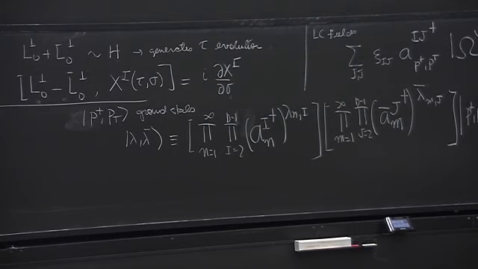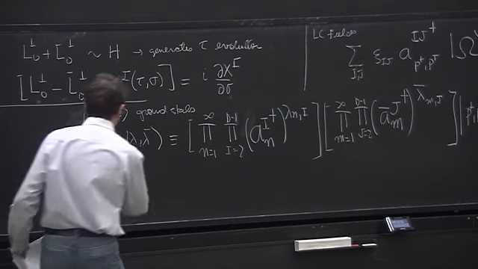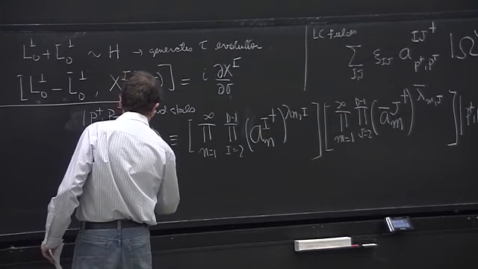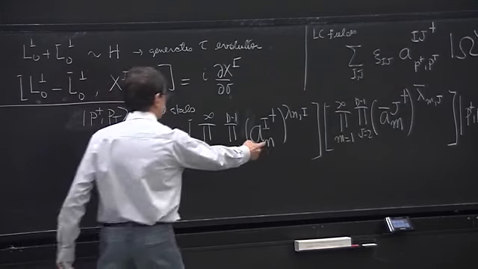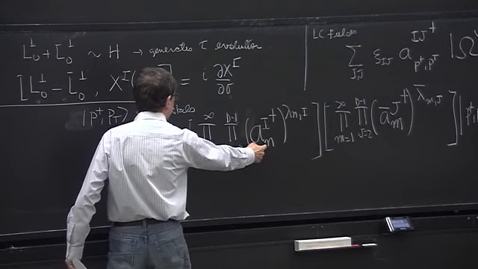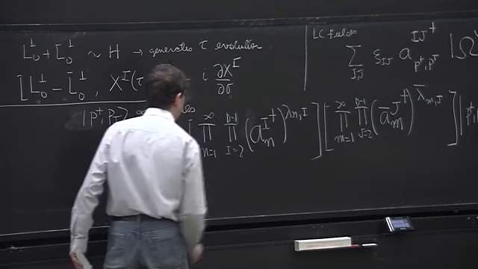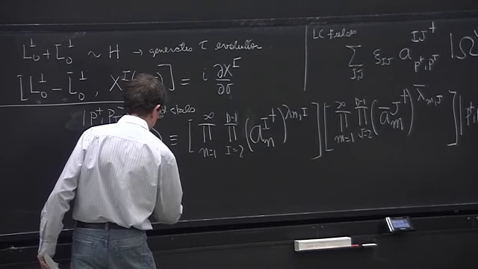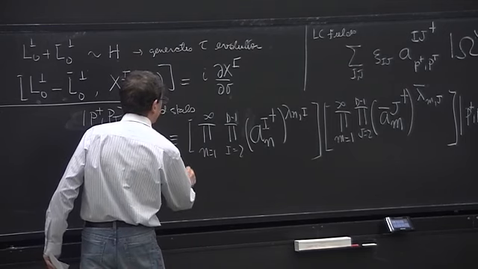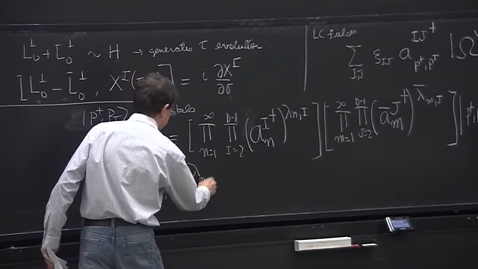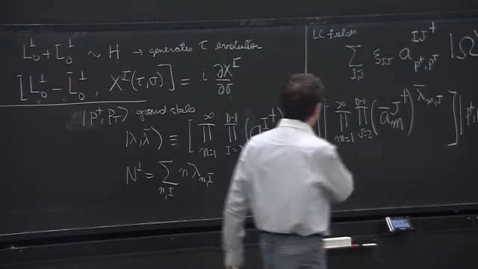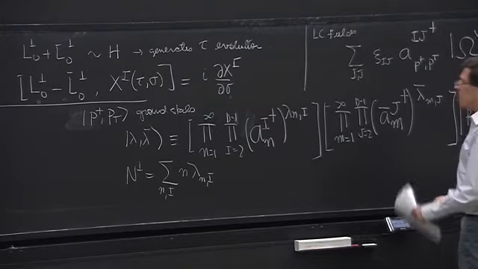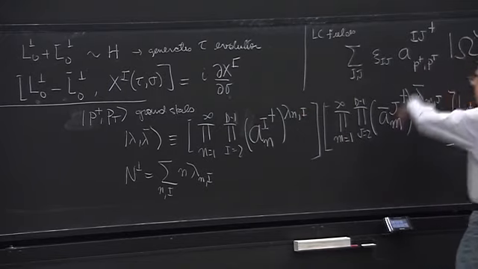Now, you must have that n perp. How much is it? Let's count the number here. Each of these oscillators gives n, but there are lambda n I of them. So this is the sum over n and I of n times lambda n I. And when you build it, you can put all kinds of things here and all kinds of things here.